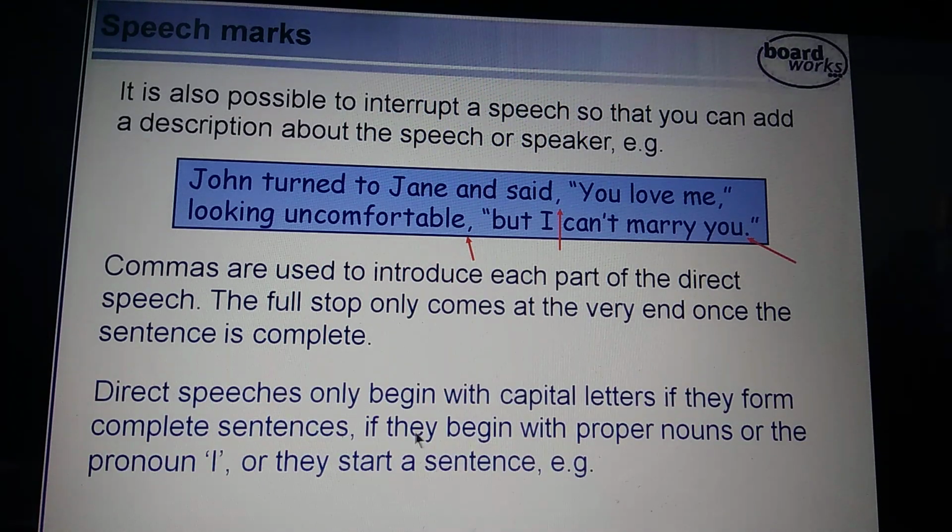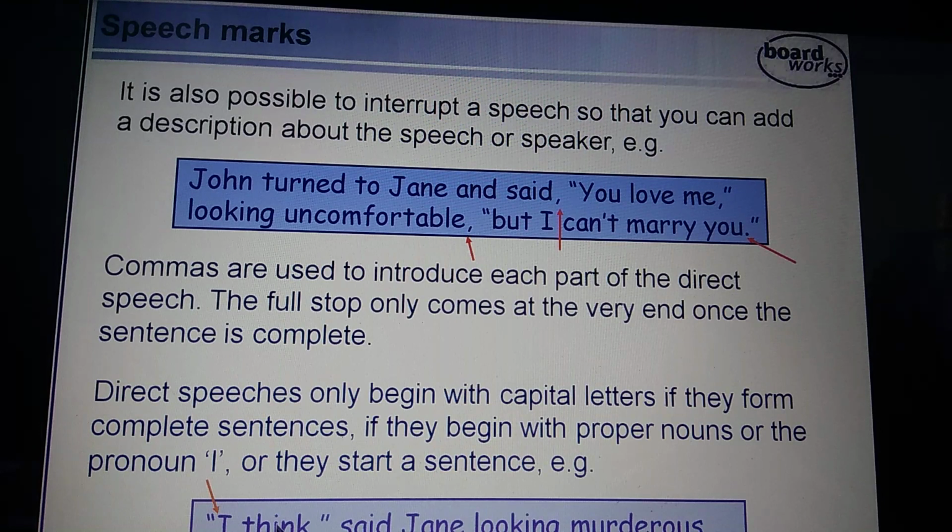Direct speeches only begin with capital letters if they form complete sentences, if they begin with proper nouns or the pronoun I, or they start a sentence like this. In the beginning part, the quotation marks come first, then the capital letter, then a comma.